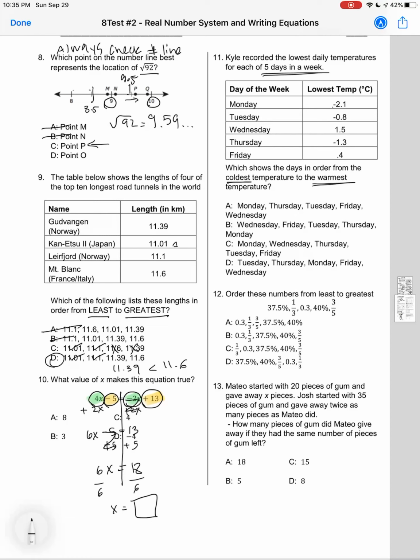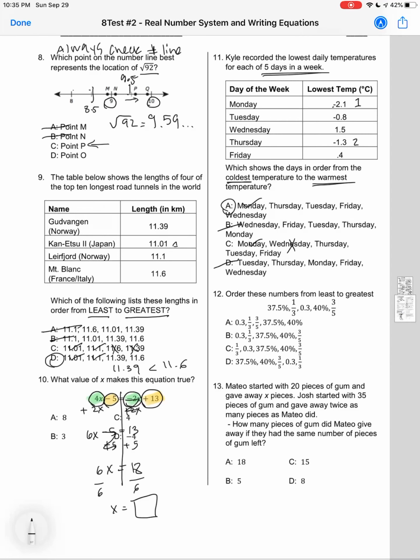Right now we have some negative numbers, so we're looking for the furthest away from 0, and our furthest one is going to be right here. So we know Monday has to be first, so we can already eliminate those two. Thursday is next. We have this one and this one, but Wednesday, we know that one's not right, so we're only left with that one.